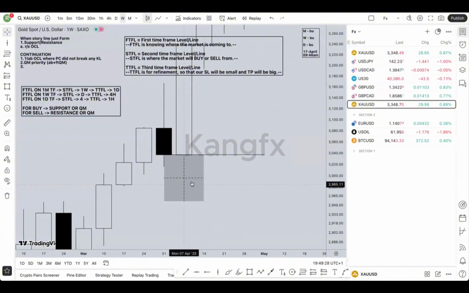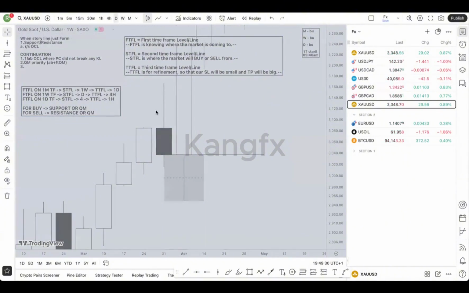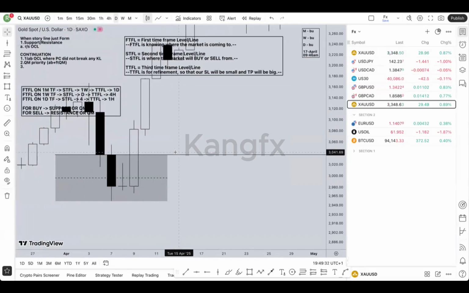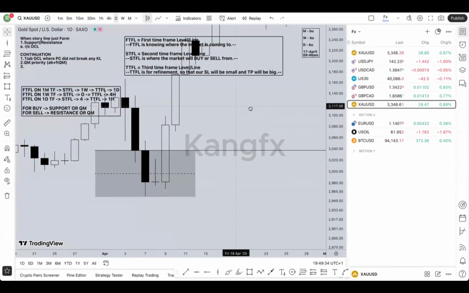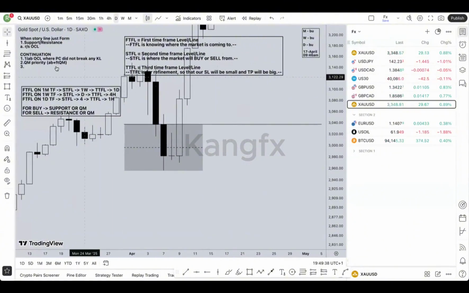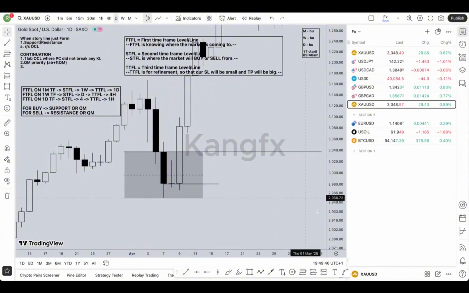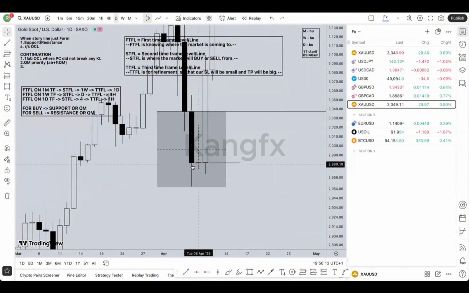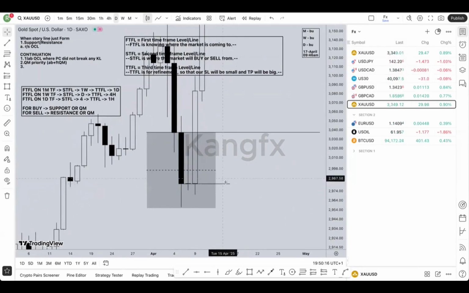So inside here, if I go down to daily time frame, looking at daily time frame, if I want to mark my trade, then I want to mark the STFL. I'll be marking the STFL here on this support. This is where I'm expecting the market to come to, but I'm going to do more refinement.